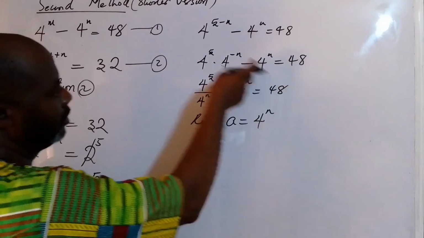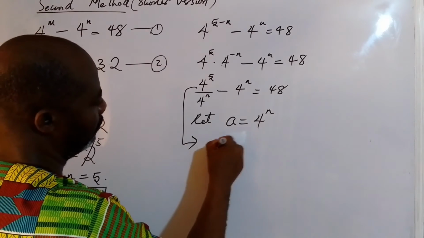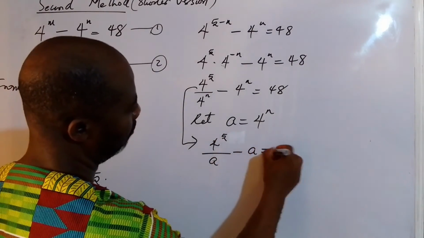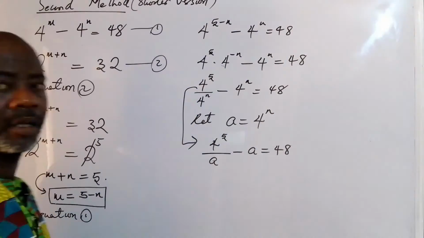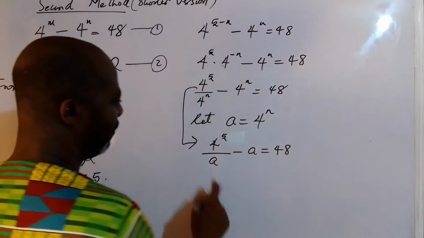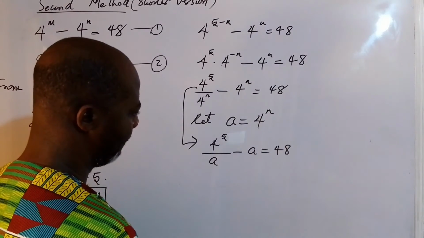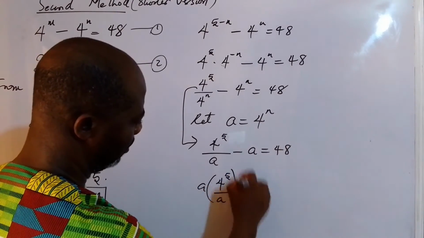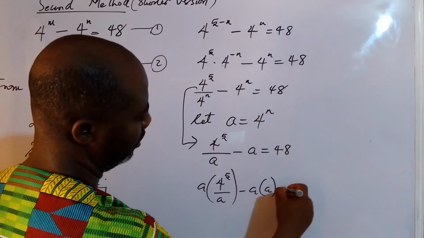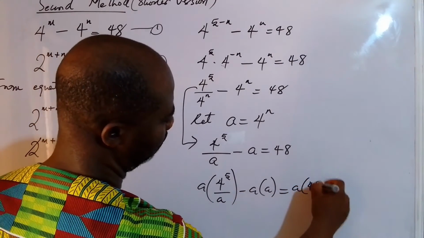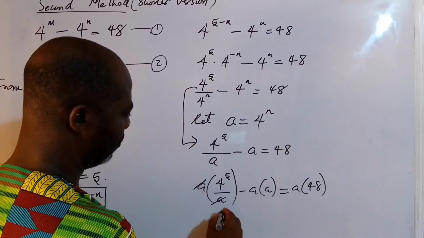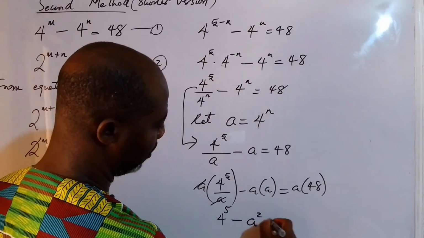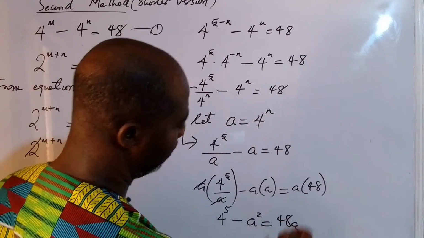This equation now becomes 4 to the power of 5 all over a, minus a, equal to 48. If I multiply each term by a, I have a times 4 to the power of 5 all over a, minus a times a, equal to a times 48. So this and this go. We have 4 to the power of 5 minus a squared equal to 48a.